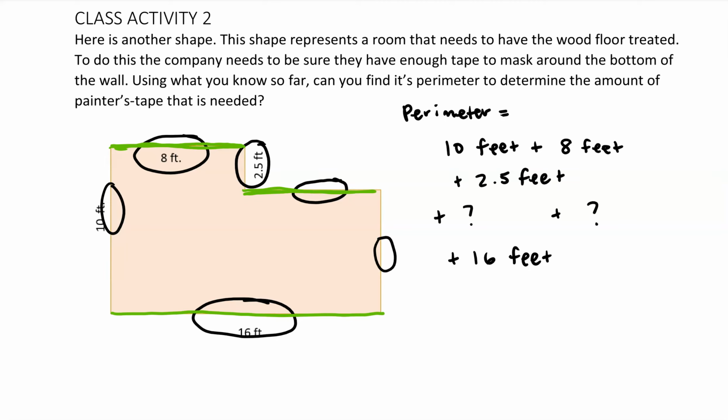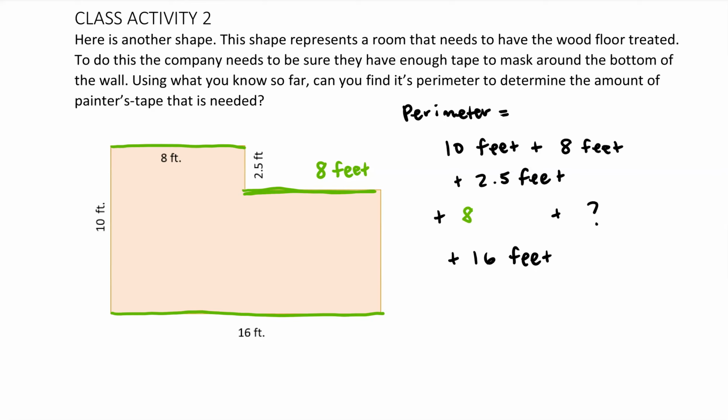And so the number that accomplishes that for us, that's basically saying 8 plus what is equal to 16. And you could solve that by subtracting 8 on both sides. And we get that question mark is equal to 8. So that means that this here is 8 feet. So I'm going to go ahead and replace this part here with 8 feet.